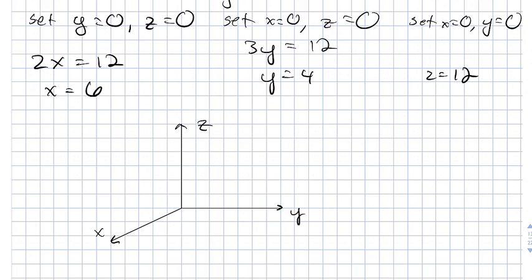Okay, so then we need to go to 12. We can do 6 tick marks and go in steps of 2: 1, 2, 3, 4, 5, 6.